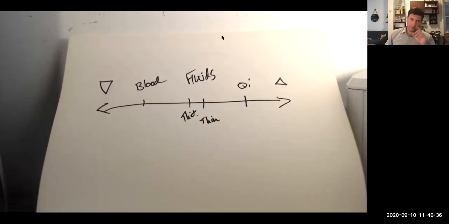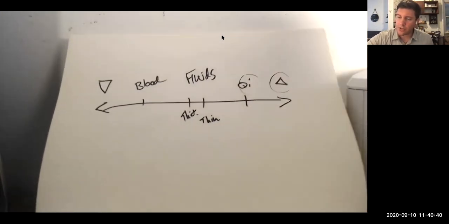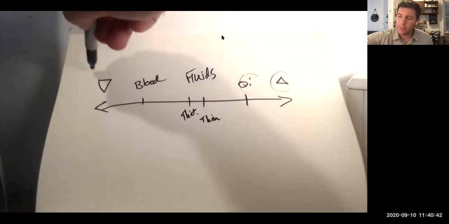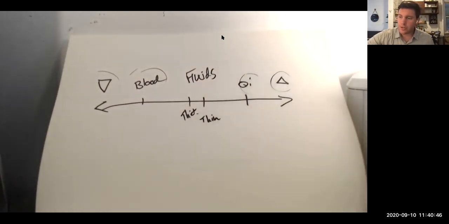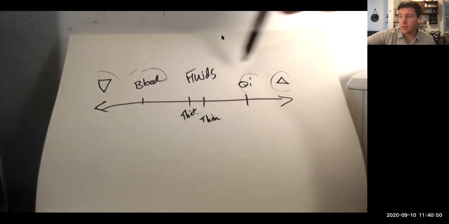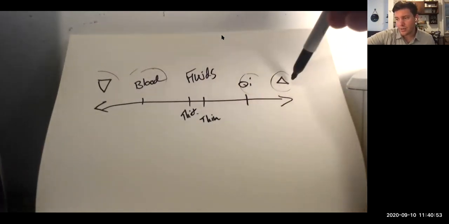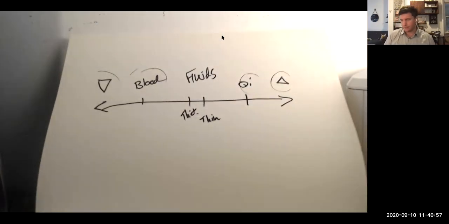So this is the spectrum. A patient who has problems with their yang is much more likely to have problems with their qi as well. A patient with problems with their yin is much more likely to have problems with their blood. So this is on a spectrum from yin to yang. Blood is more yin than yang, qi is more yang than yin, and fluids are somewhere in the middle, with the thick and the thin straddling that line.